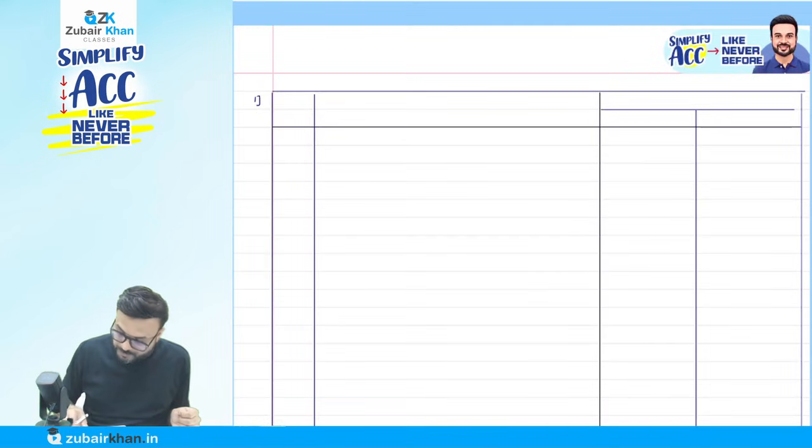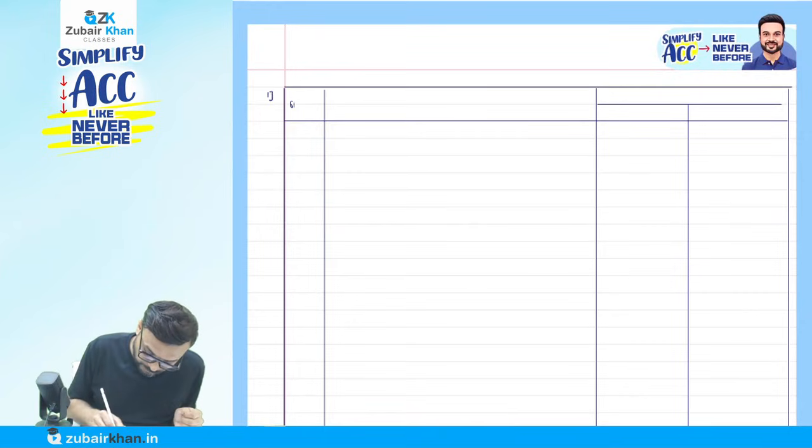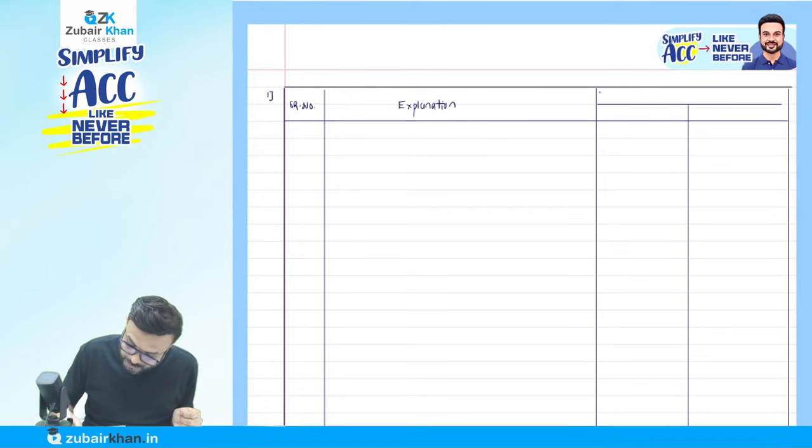So write down here: first is serial number, explanation, and then to be recorded in the books of, first Saurabh. Who is Saurabh? Write down in bracket, owner, and Creative Stores, the business.